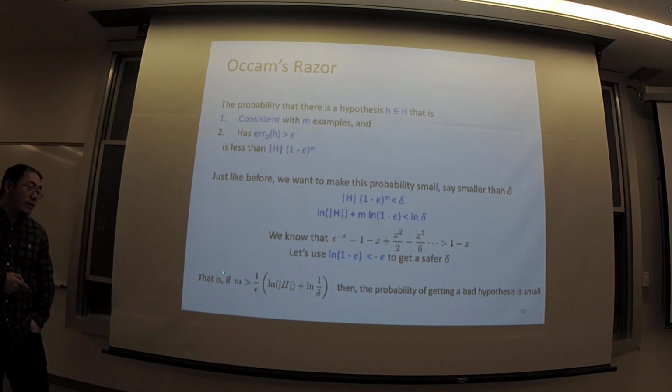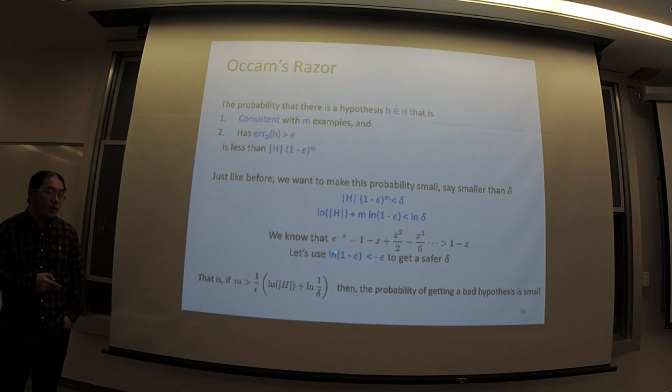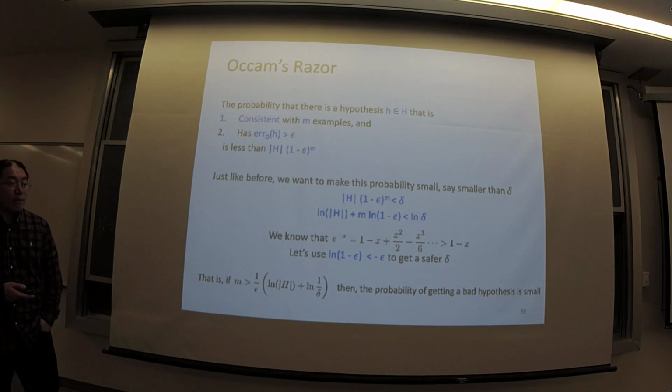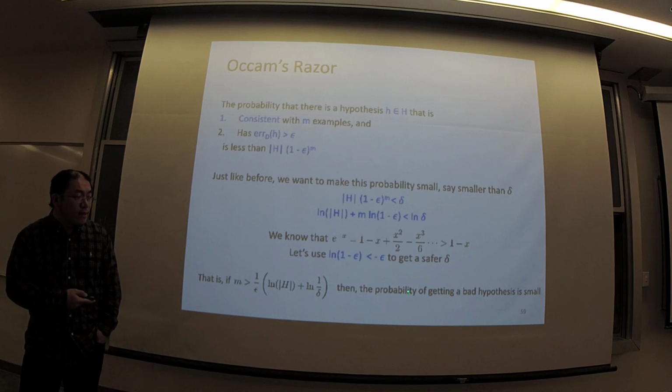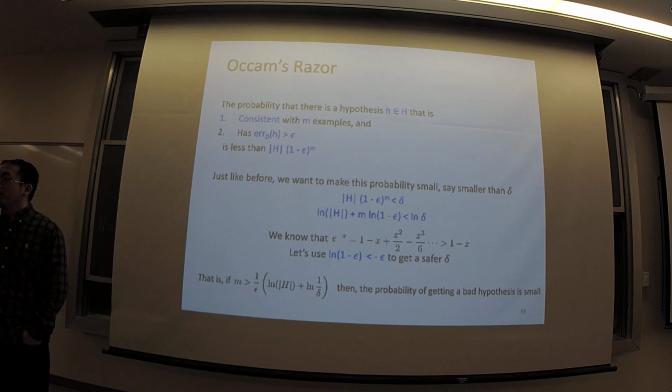If the number of training examples m is bigger than 1 over epsilon, multiplied by the logarithm of the size of the hypothesis space plus the logarithm of 1 over delta, then we claim that the probability of getting a bad hypothesis is smaller than the designated level delta. Does it make sense? Any questions?